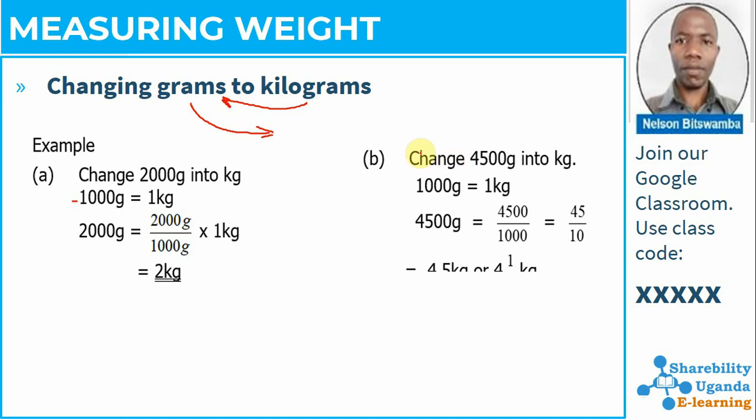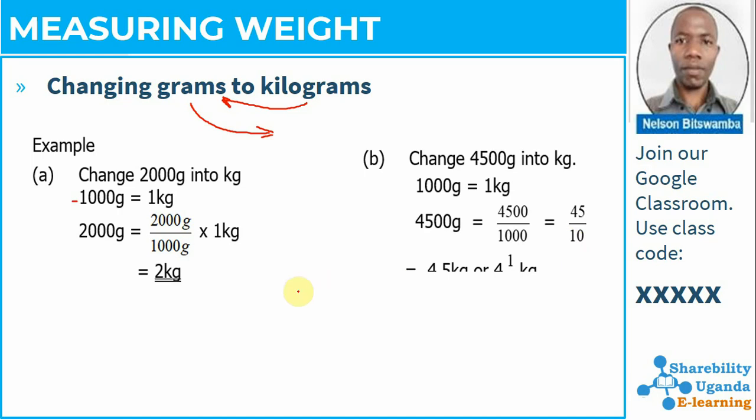When you look at another example, B, they are saying change 4,500 into kilograms. Also basing on the same concept, 1000 grams is equal to 1 kilogram. So we take the 4,500 grams which has been given here and divide it by 1000, and we come up with 45 out of 10 kilograms.